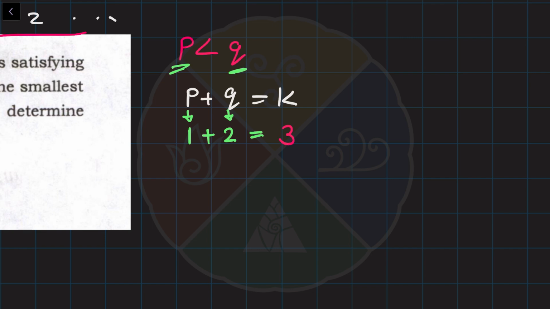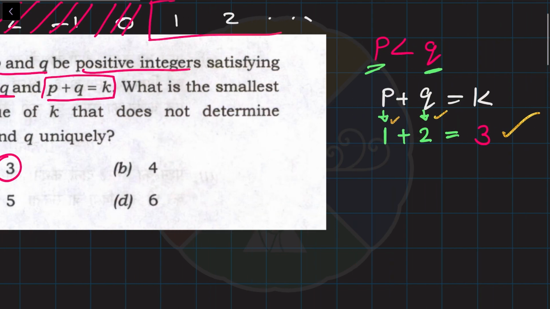There is no other value. We cannot put 0 plus 3 because 0 is not positive. So if k is equal to 3, we are able to find the values of p and q uniquely. No problem, so that is not the answer.